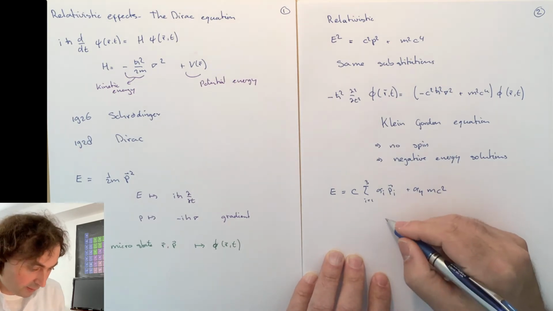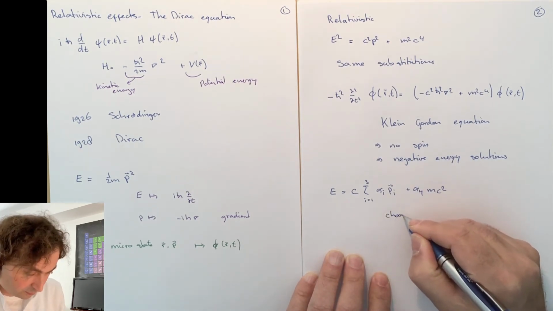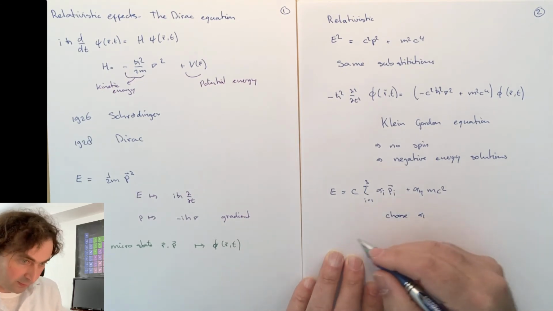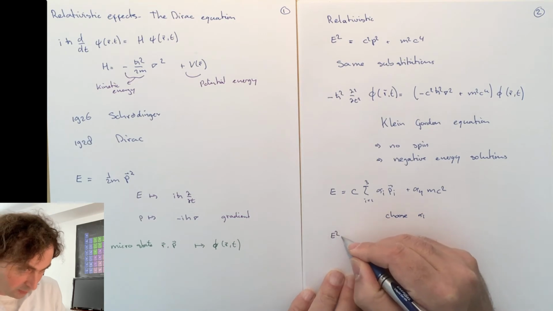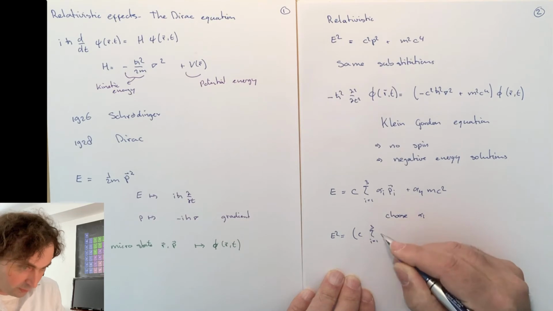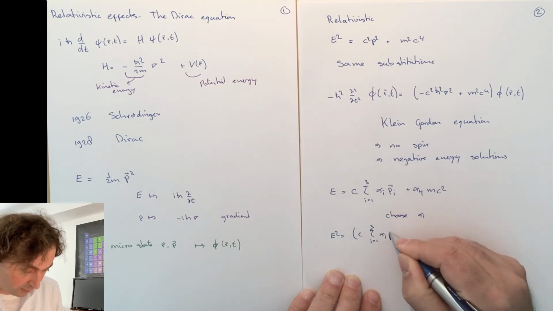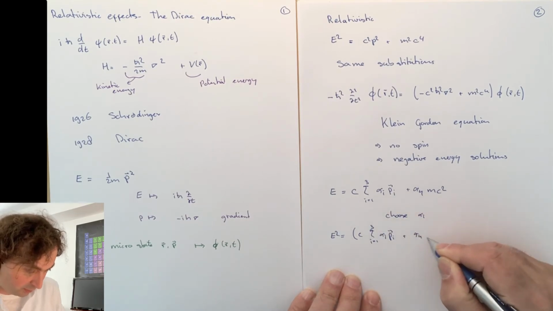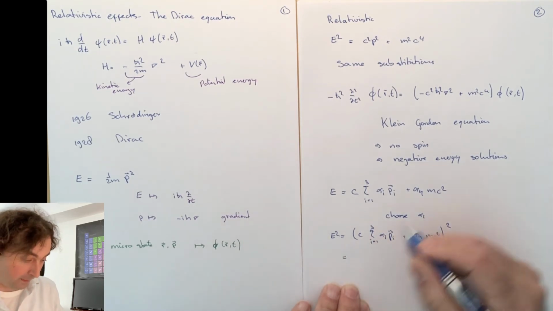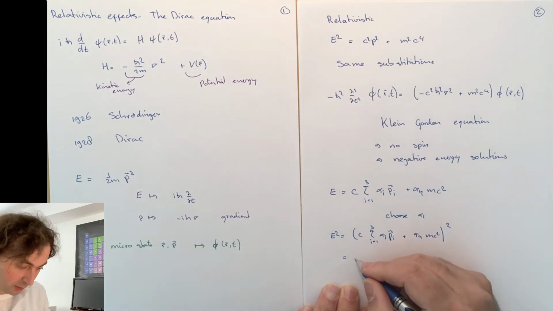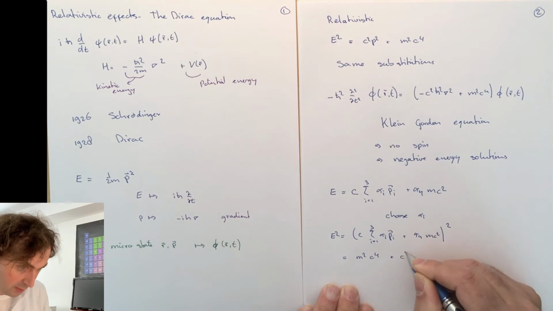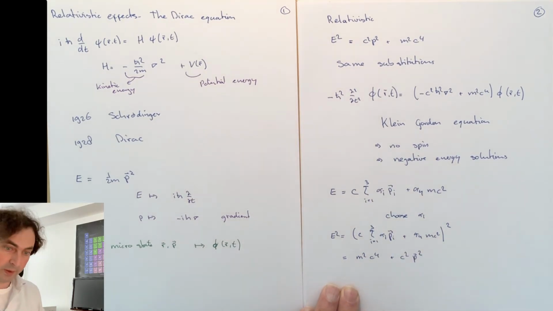And we choose alpha i such that E squared, which is just the square of what we had before, is m squared c to the fourth plus c squared p squared.